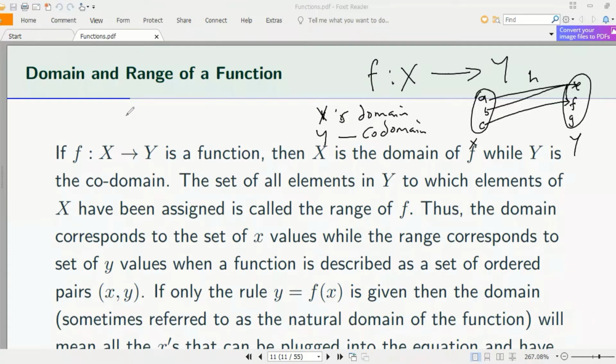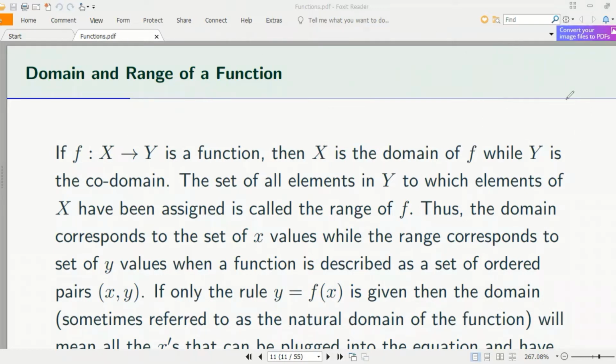So the range of this function is the set of the elements in the codomain to which we have assigned. In this case, in this codomain Y, we have assigned to E and F, and therefore the set of E and F makes the range. G is not in the range, but it's in the codomain.